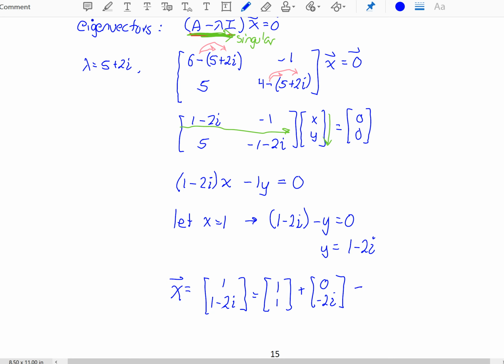However, we want to write it with the i factored out, so I want to see it as 1, 1 plus i times the vector 0, negative 2. And written in this form, this is the p vector that we're talking about in our formula, and this is the q vector, the part that does not have the i.